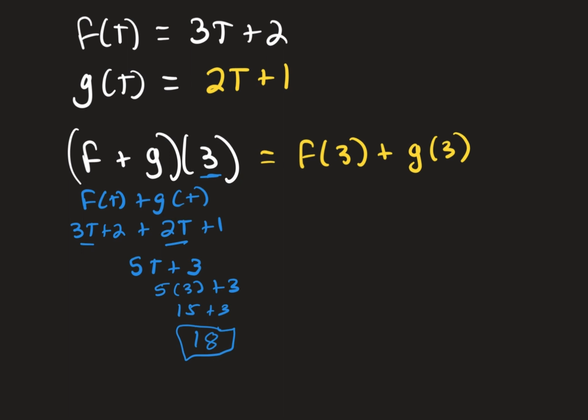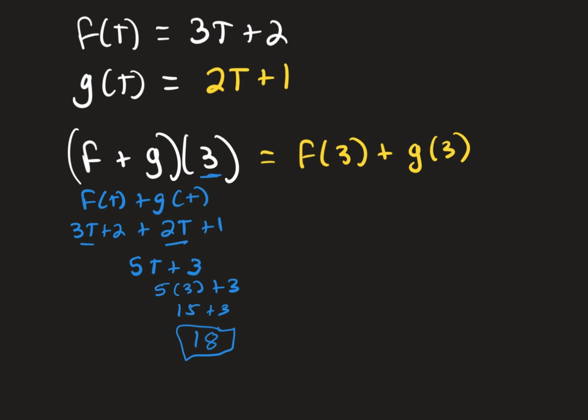That's using the rules that we talked about Monday and yesterday, where we take the two functions, add them together, and after we've created our rule, because that's what we've done, we substitute in the value of 3. That's one way to do it. To me, that's the harder way to do it.